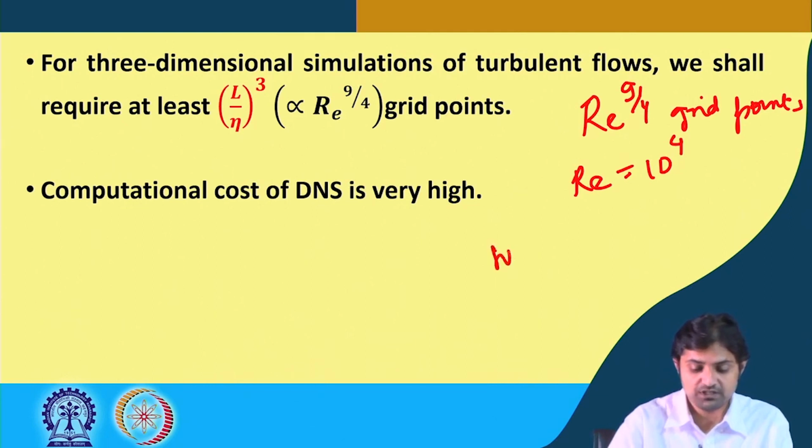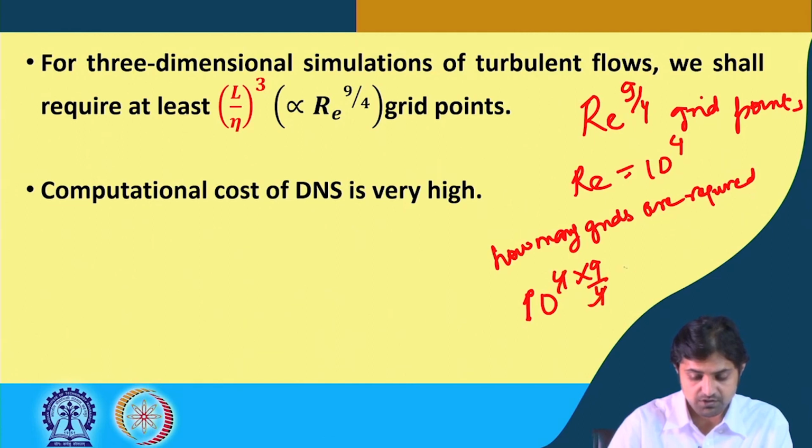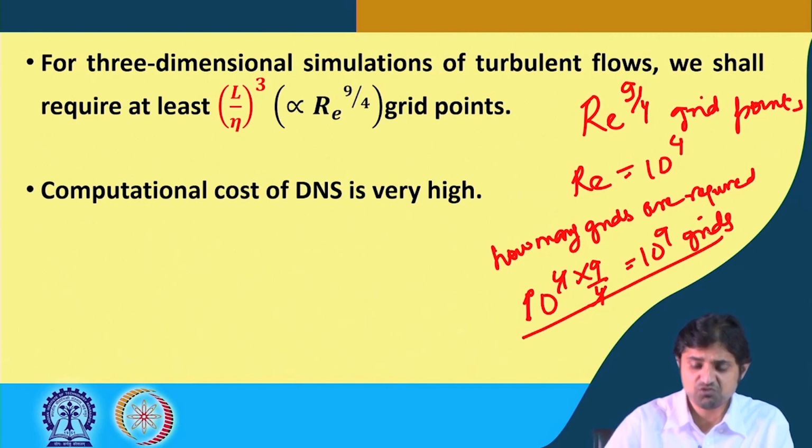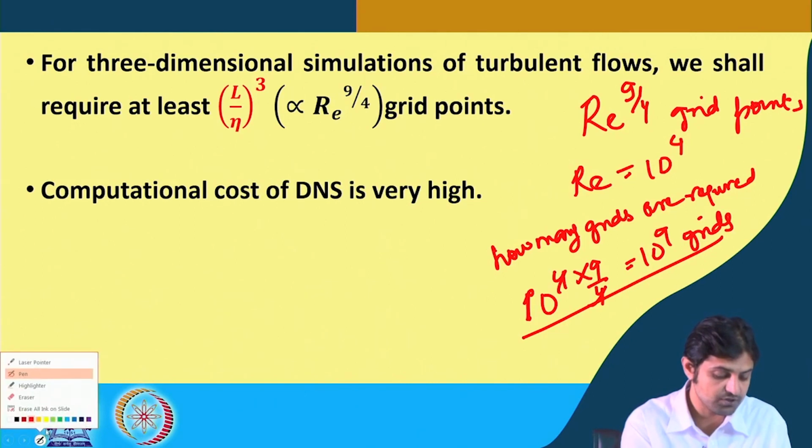So, how many grids are needed? Re, that is 10 to the power 4 raised to the power 9 by 4. So, we need 10 to the power 9 grids, almost, so much high, around a billion grids, which, looking at the capacity of our current computational facilities, is not possible.